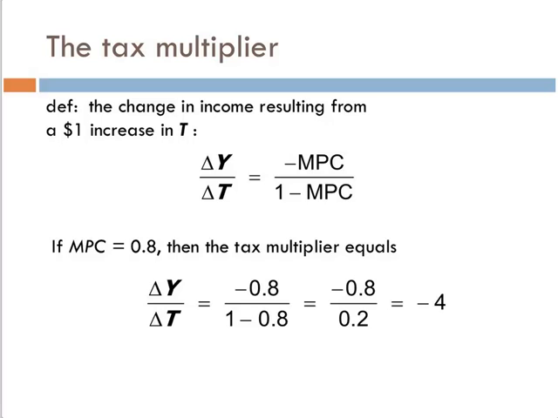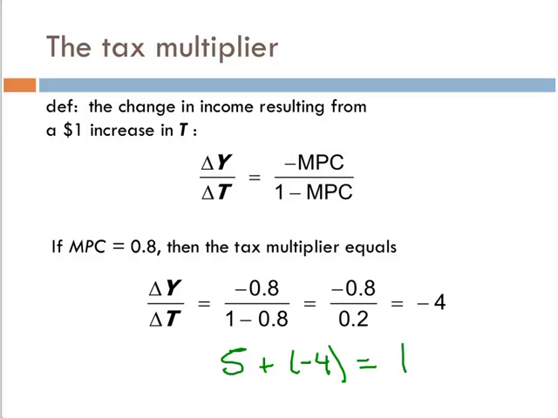I'll just notice something else. What is 5, which is what the spending multiplier was when I had a marginal propensity to consume of 0.8, plus -4, which is what the tax multiplier is if I have a marginal propensity to consume of 0.8? Well, that equals 1.